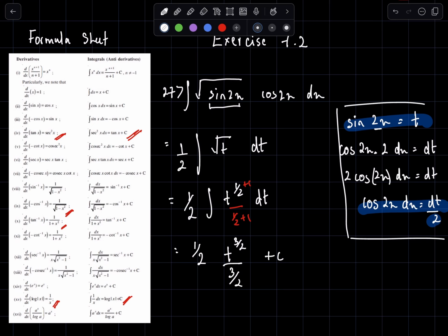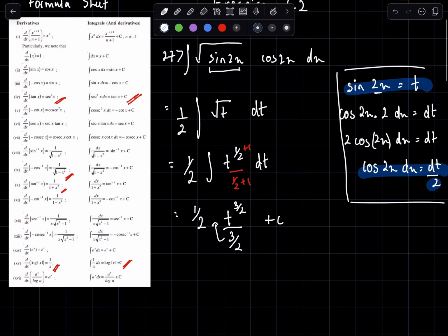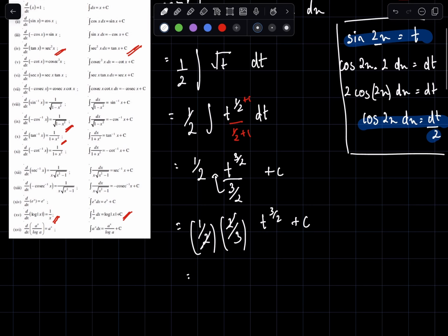Okay, now to bring this on the top, I have to take the inverse, right? So which is equal to half times 2 by 3 times t raised to the power 3 by 2 plus c. You know your 2 cancel, so basically it's 1/3 t raised to the power 3 by 2 plus c. So what is your t value?